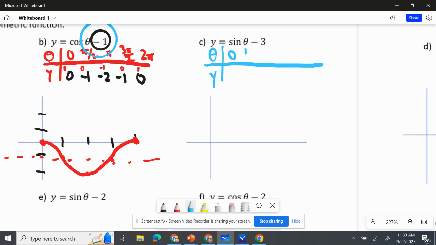So we have the 0, pi halves, pi, 3 pi over 2, and 2 pi. For our sine values, we have 0, 1, 0, -1, and 0. So what I'm going to do is subtract 3 from each of them. So -3, -2, back to -3. Then I have -4, and then back to -3.